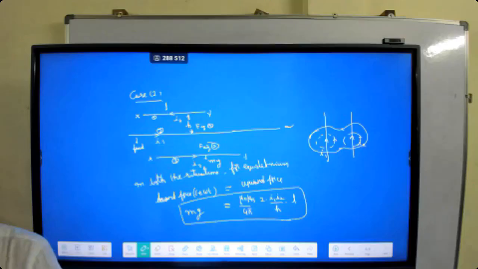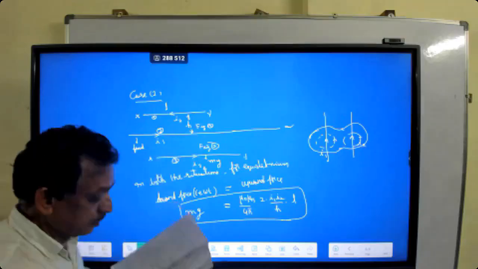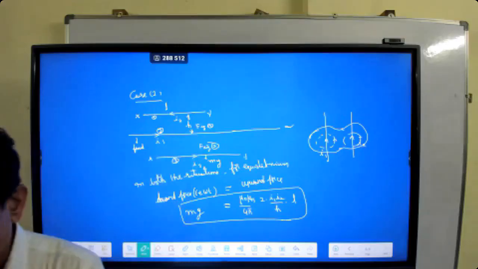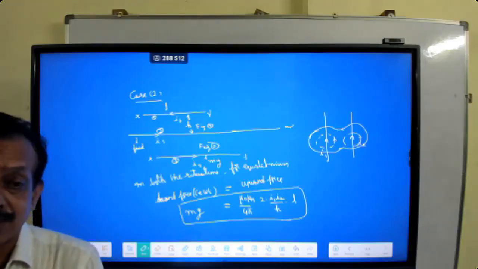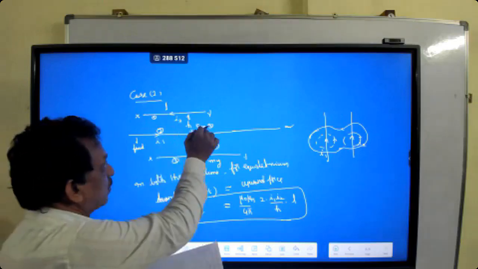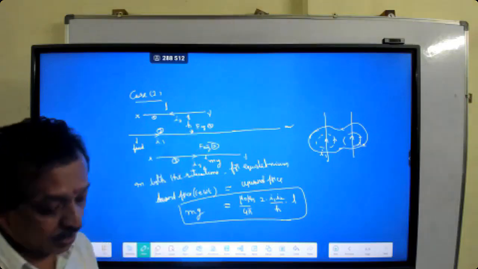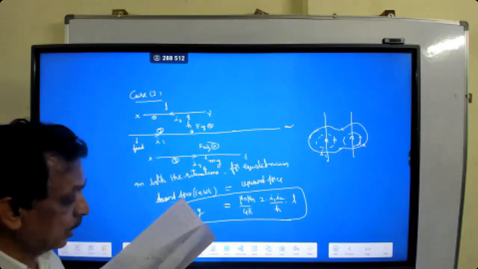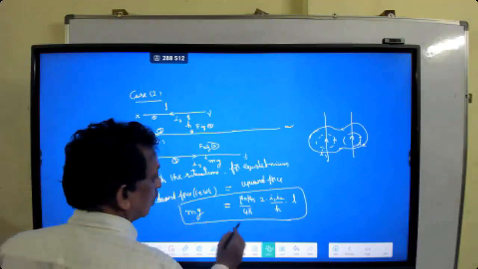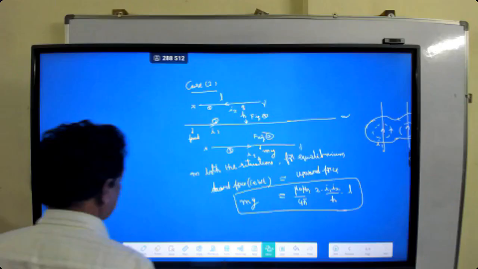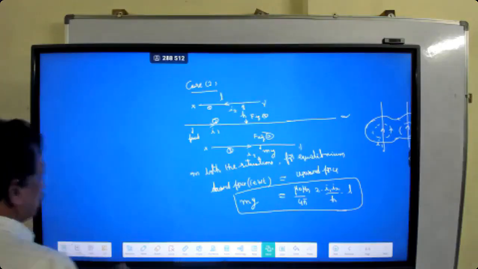In the first case, xy executes simple harmonic motion.